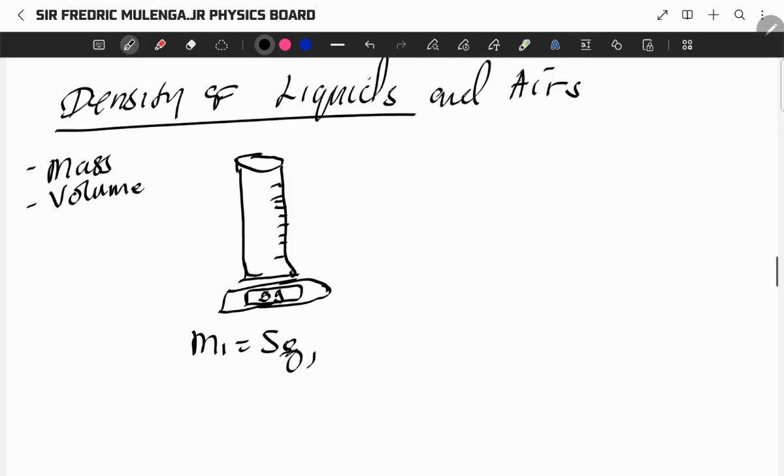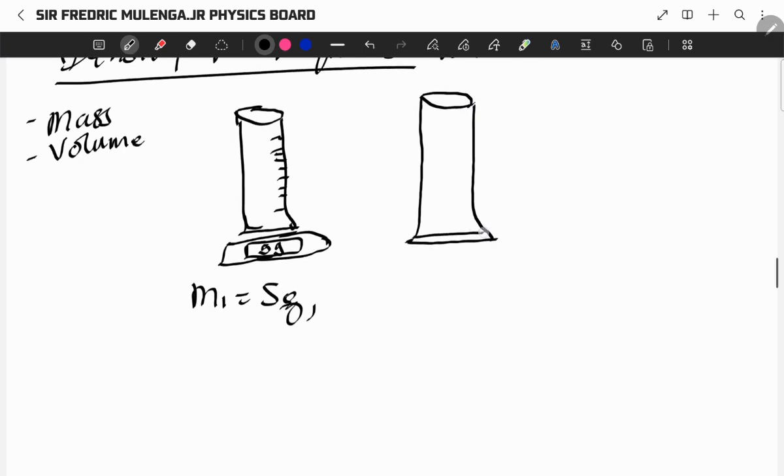Okay, then you get your liquid, which you are measuring. Step 2, you pour your liquid in the measuring cylinder, whatever you are using. Then you place it on your electronic balance and measure its mass.